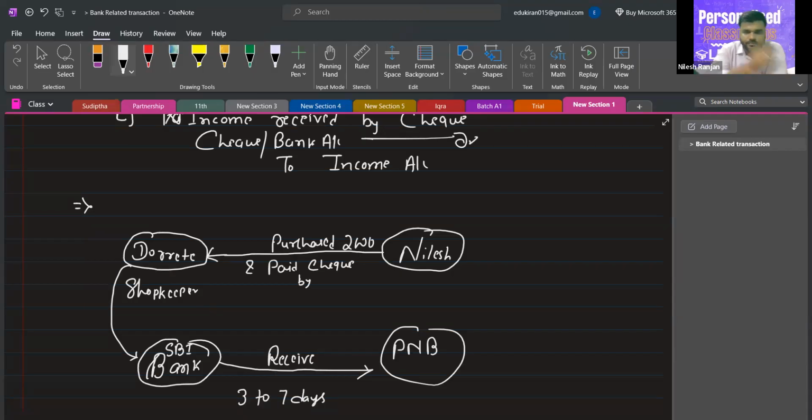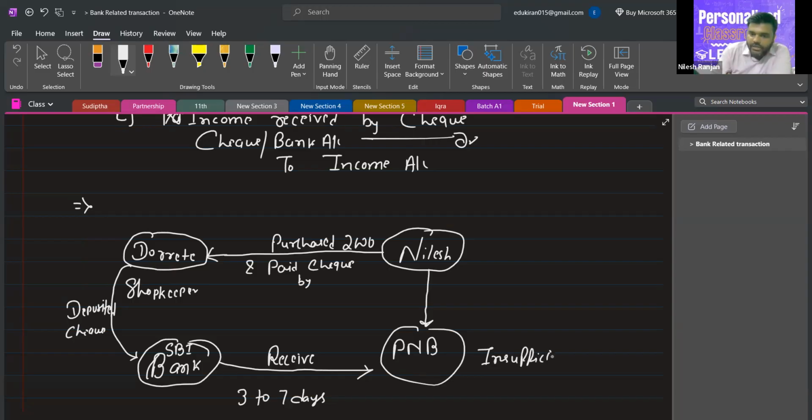Now I have my account, but let's say you deposited your check into your bank, SBI, and SBI comes to my bank, but there is insufficient balance in my account.